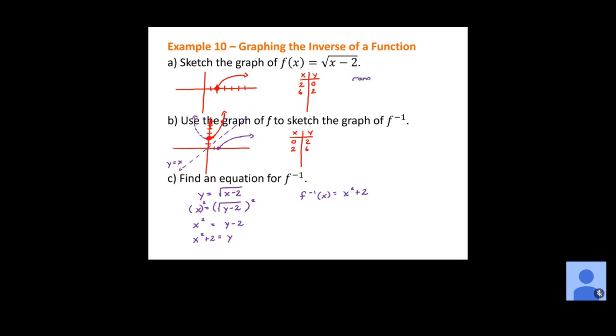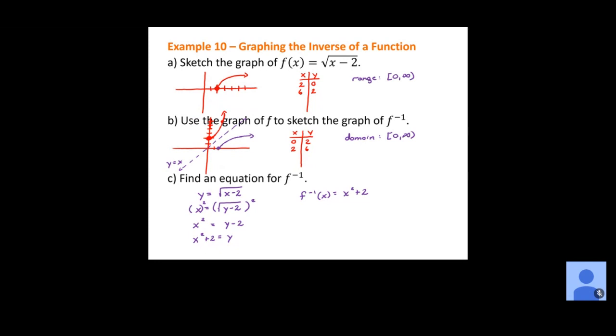The range of this original function is only from 0 to infinity, which means the domain for this graph also has to be 0 to infinity. So we can't have both halves of that parabola. We can only have the right-hand side where x is greater than or equal to 0. And so that's why we only get that right-hand side of that parabola here.